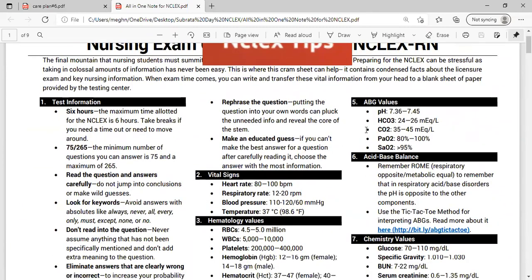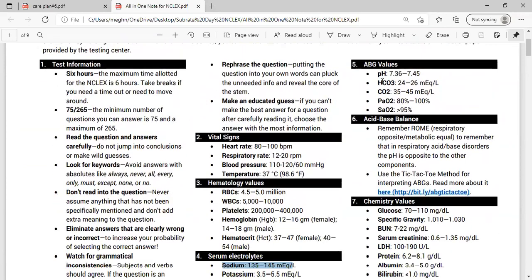Next, blood gas analysis. pH is normally 7.35 to 7.45. If it is less than 7.35, we call it acidic. If it is more than 7.45, we call it basic or alkaline. Bicarbonate ion is 24 to 26 milliequivalents per liter. Bicarbonate is a marker of metabolic alkalosis or metabolic acidosis.